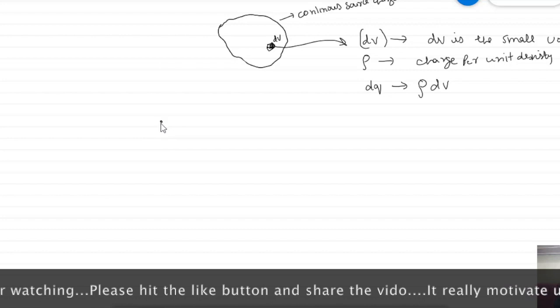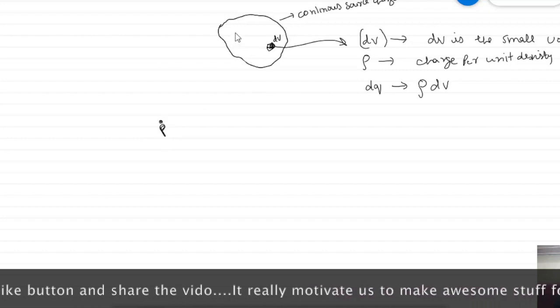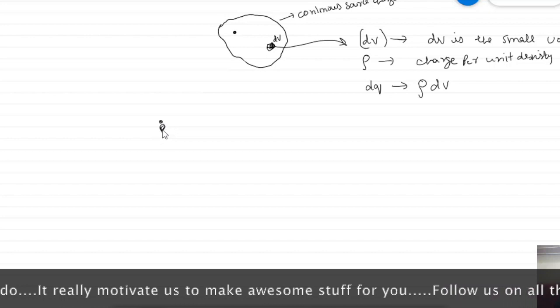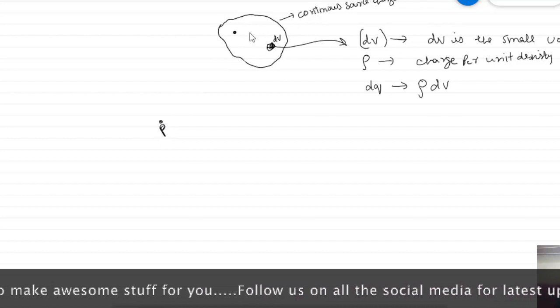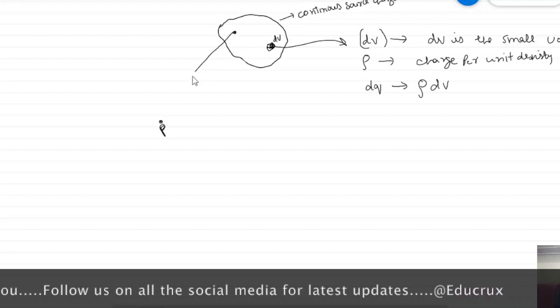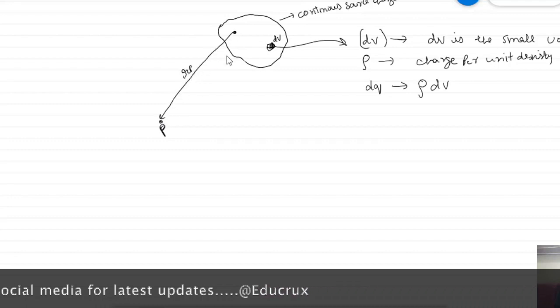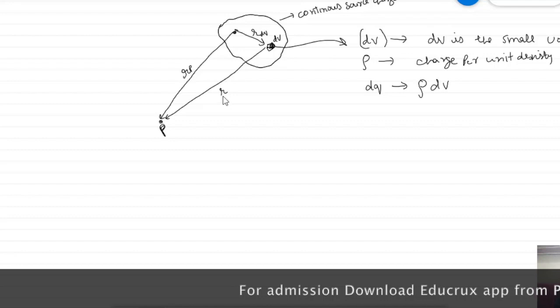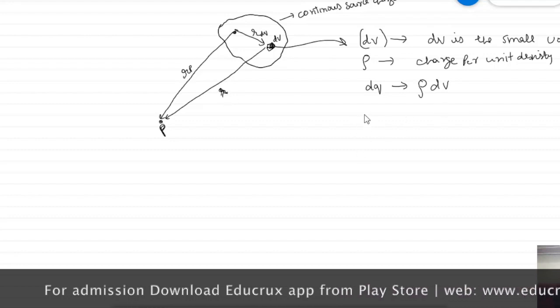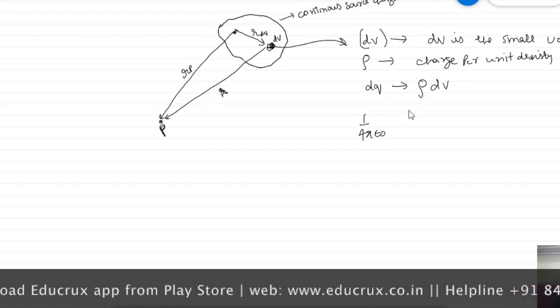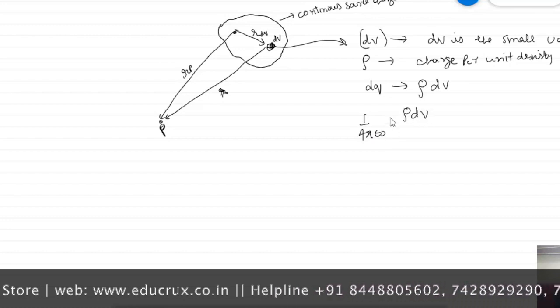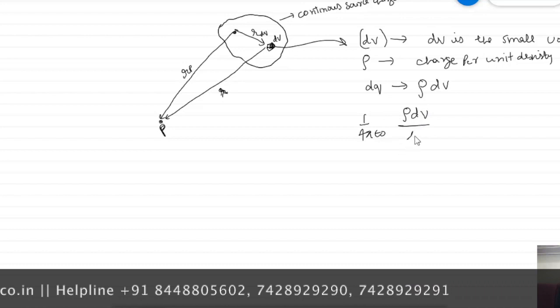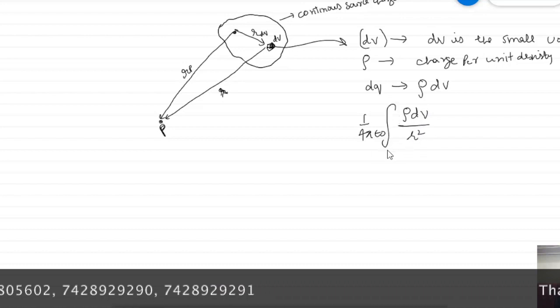And if I have to calculate the field at point P due to this continuous source charge, taking my origin, with the vector to P as Rp and the vector to dq as R, the separation is r. So now I have to evaluate the integral of rho dV by r square.